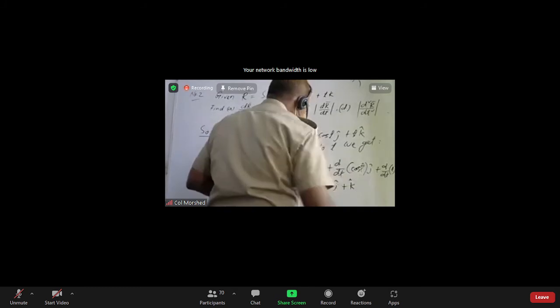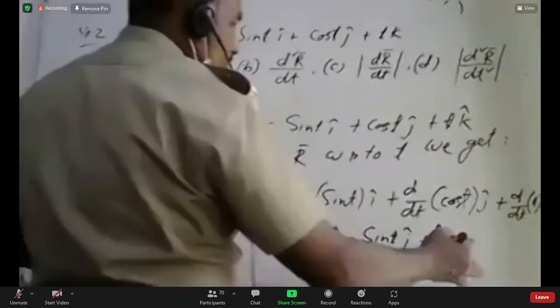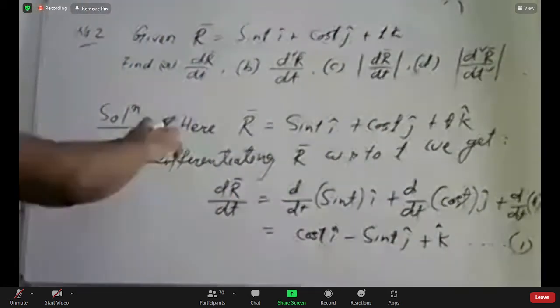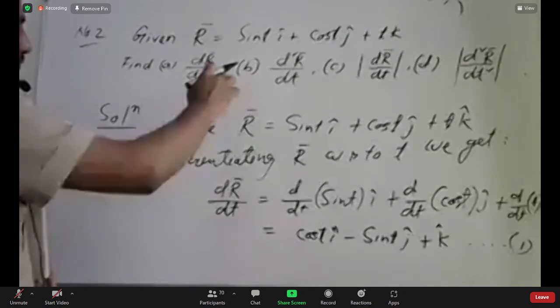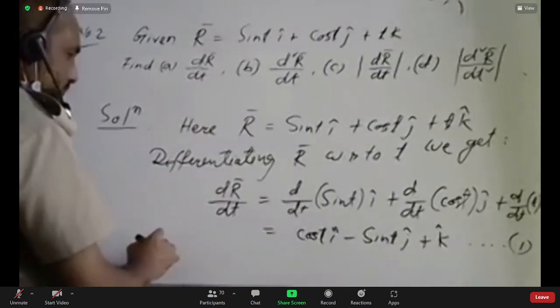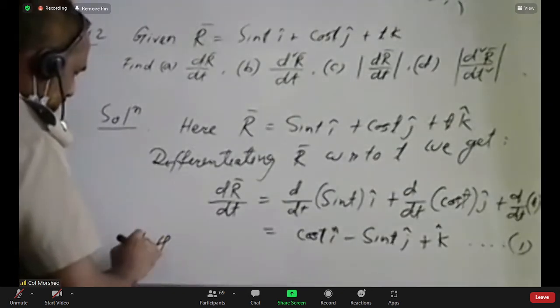Good. Okay, so this we have got, give it a name, equation number 1. So we have got dr/dt. Then we have to find d squared r/dt squared, differentiating again. What do we get?